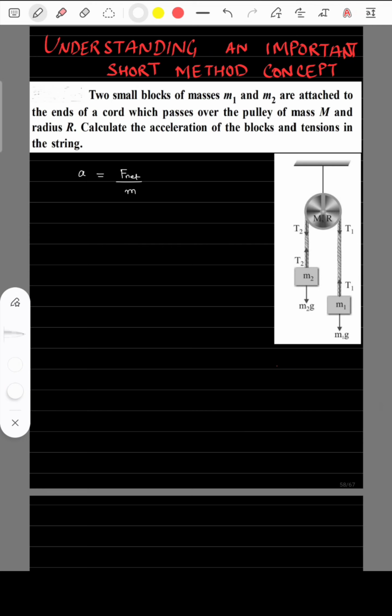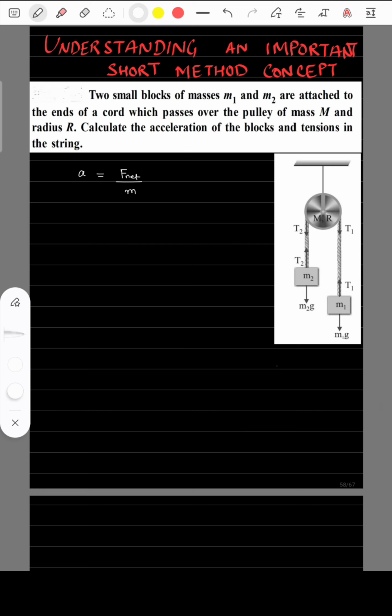So let's delete all this. Now concentrate on this question. Let's suppose m1 is heavier than m2, hence the acceleration will be in the direction of m1. So what equation can we write from the forces marked for the m1 block?